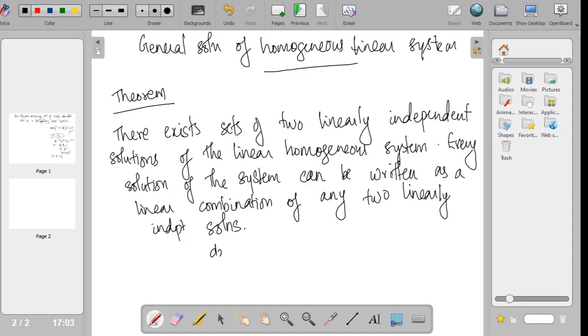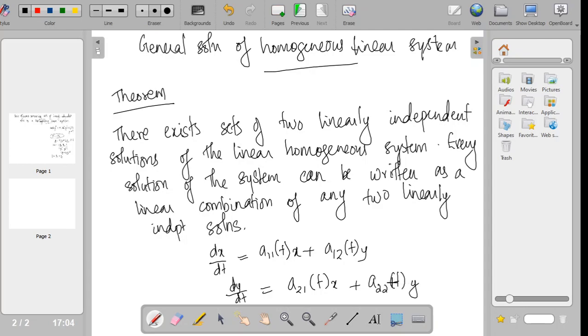So if you have a system of the form dx/dt equal to a11(t) x plus a12(t) y, and dy/dt equal to a21(t) x plus a22(t) y, the theorem states that there exist sets of two linearly independent solutions of the homogeneous system.